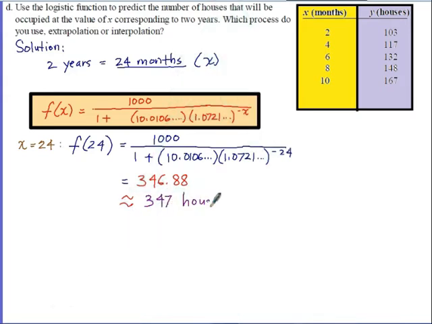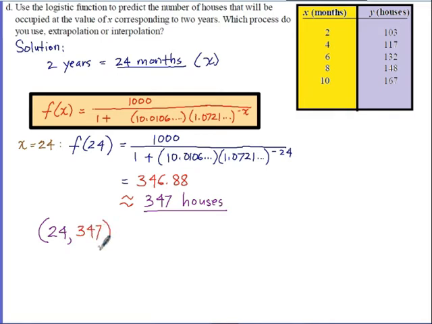Okay? Meaning that in 2 years or 24 months, there will be around 347 houses inside the subdivision.